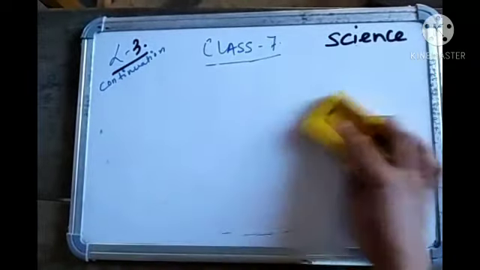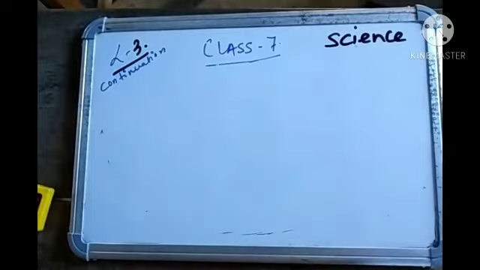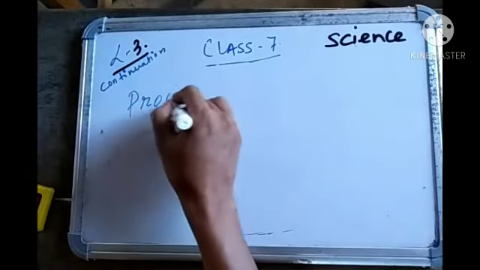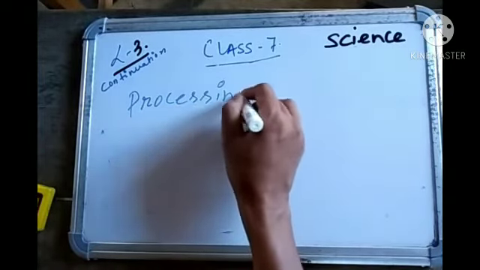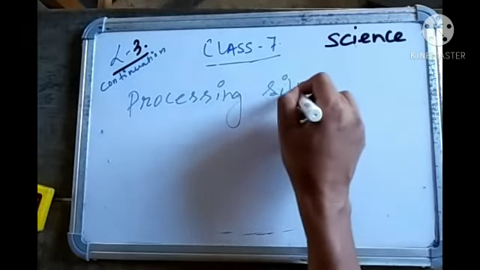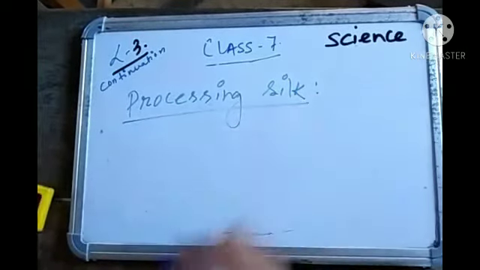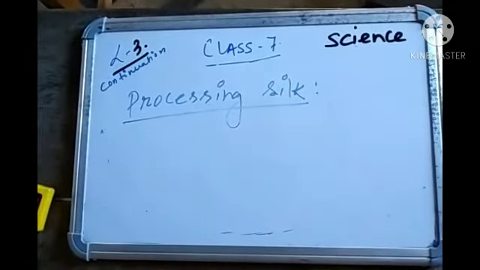Next step is processing silk. A pile of cocoons is used for obtaining silk fibers.